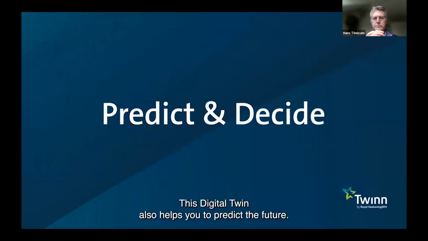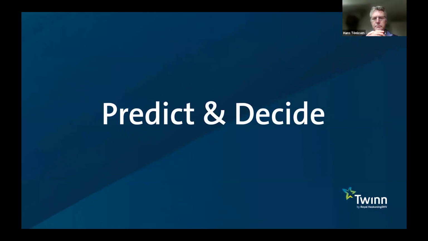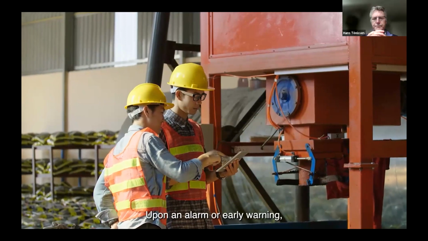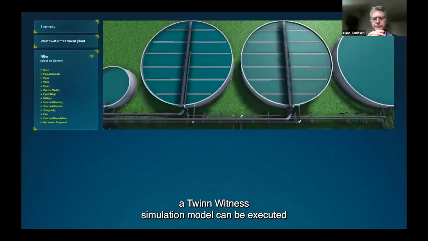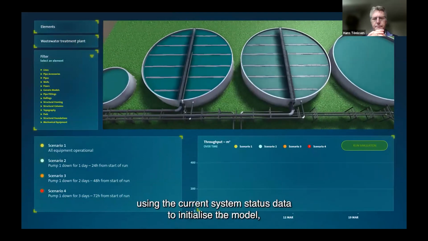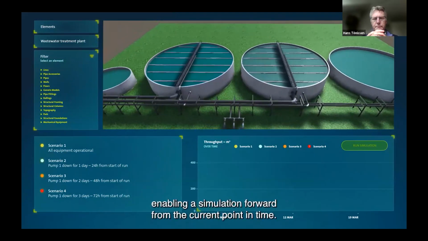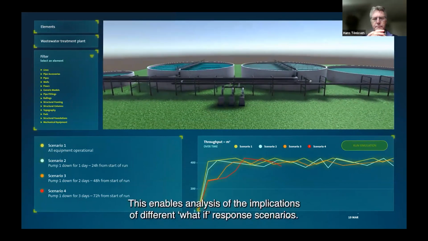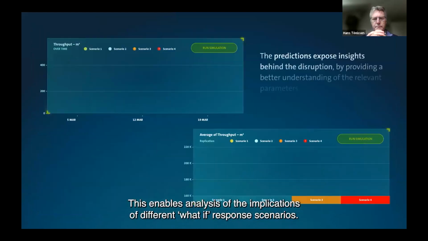This digital twin also helps you to predict the future, to enhance your decision-making around how to respond. Upon an alarm or early warning, a twin witness simulation model can be executed using the current system status data to initialize the model, enabling a simulation forward from the current point in time. This enables analysis of the implications of different what-if response scenarios.